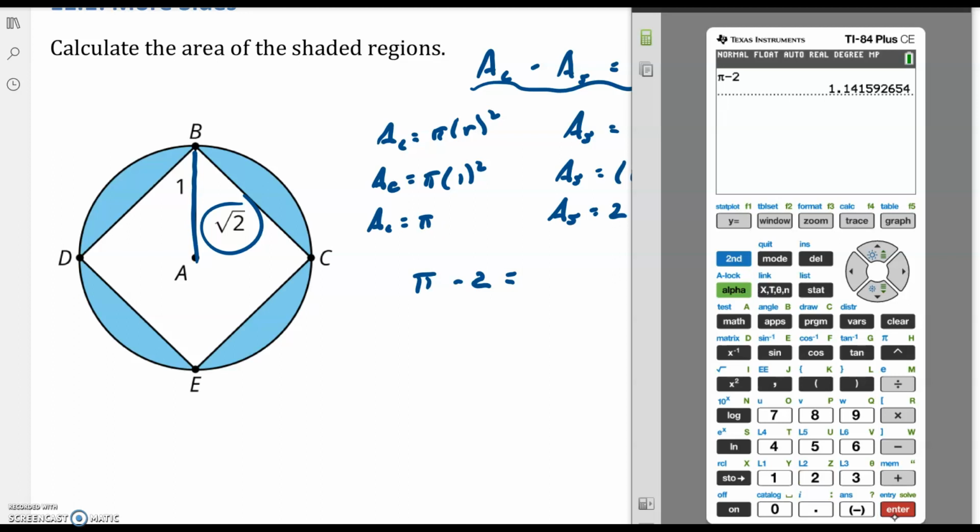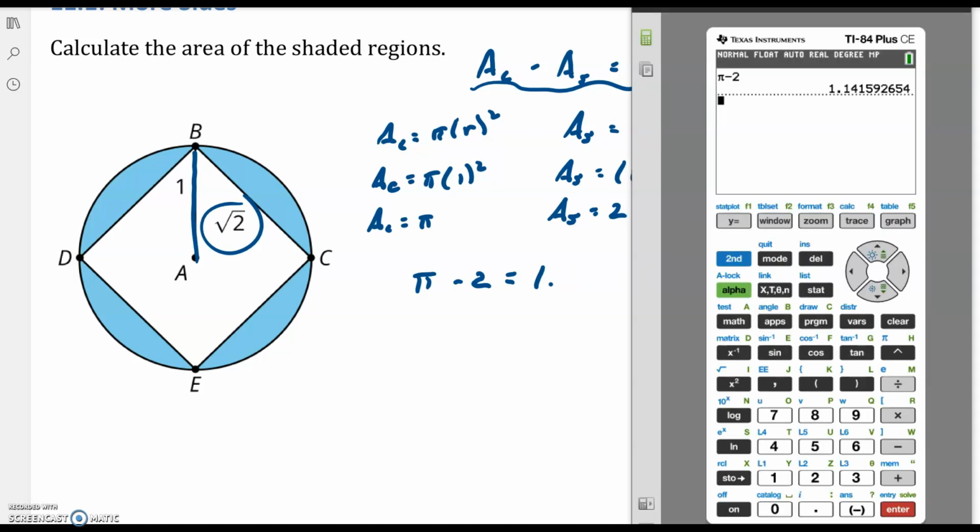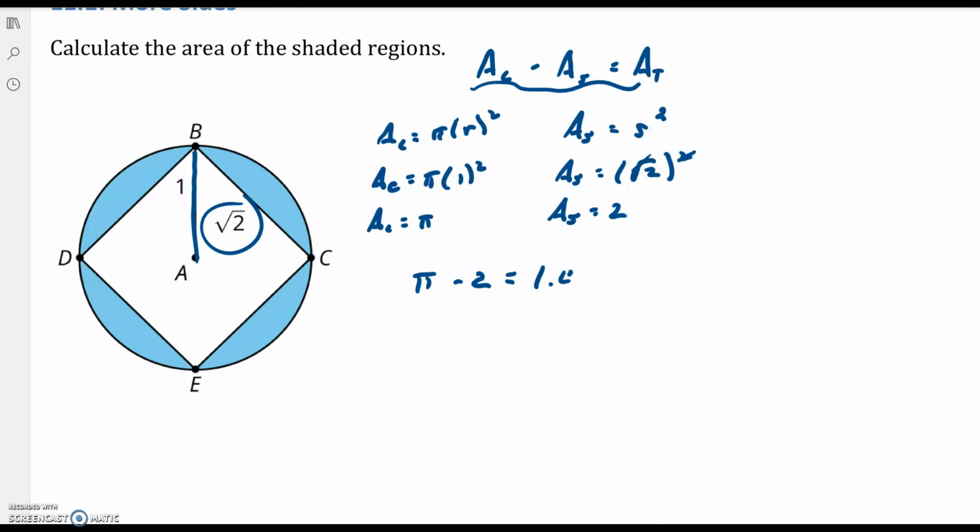We'll call it 1.42, rounded to the nearest hundredth. That's the area of this shaded region.